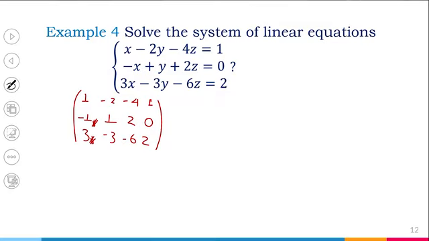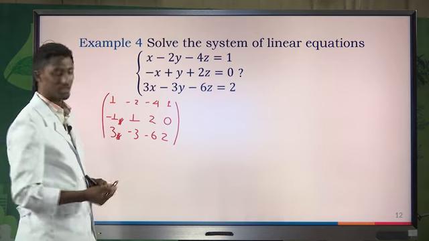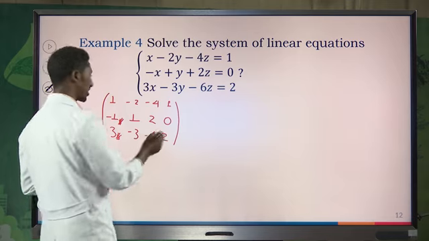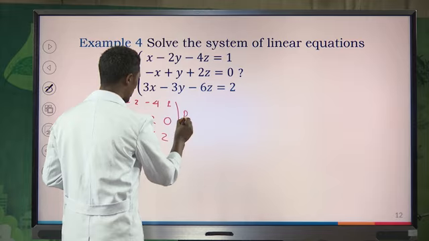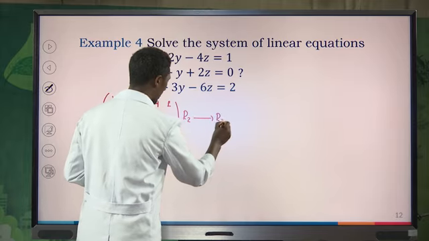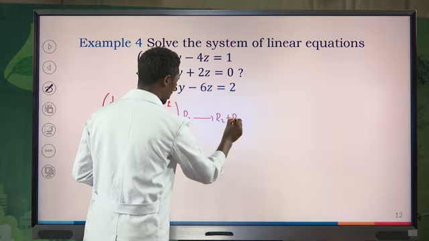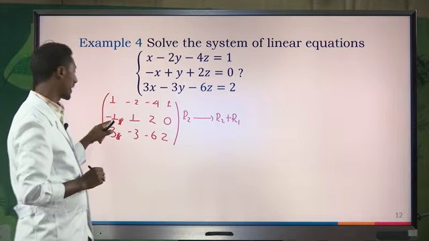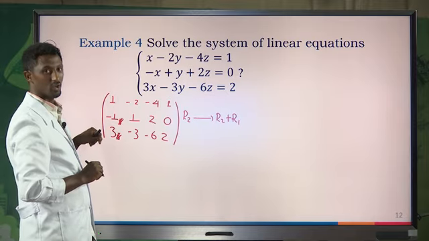So using this augmented matrix, our objective is to make minus 1 and 3 into 0. So what row operations must be done here? R2 must be replaced by R2 plus R1, because our objective is to make this minus 1 into 0.